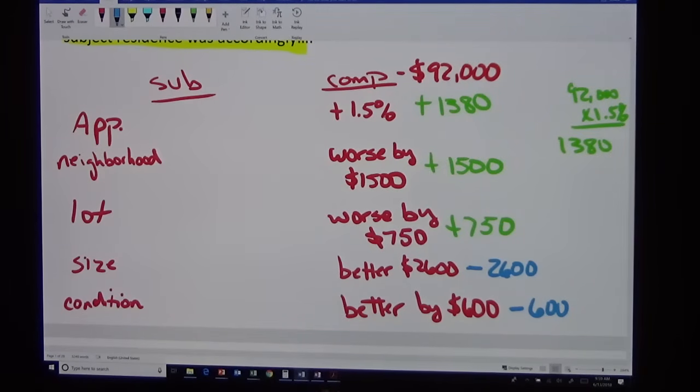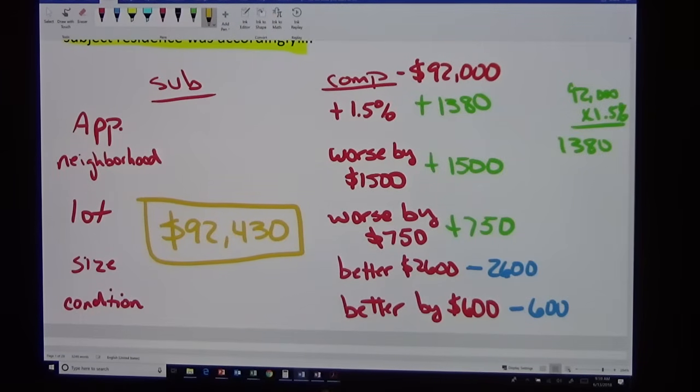So if we do $92,000, we start with $92,000 because that's our sales price, plus $1,380, plus $1,500, plus $750, minus $2,600, minus $600, we end up with a grand total of $92,430 as the indicated value of that property. $92,430, the indicated value of that property.